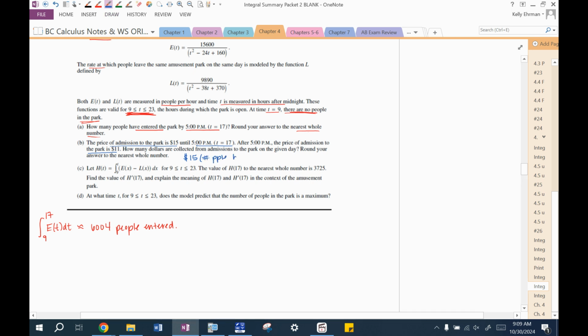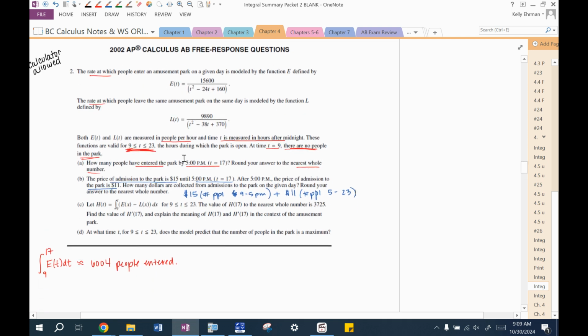And that's, let's say this, from what time does this open? From 9 to 5. And then we're going to add to that $11 times the number of people who entered from 5 to 23, which is when it closes. Okay, so let's set that up mathematically.